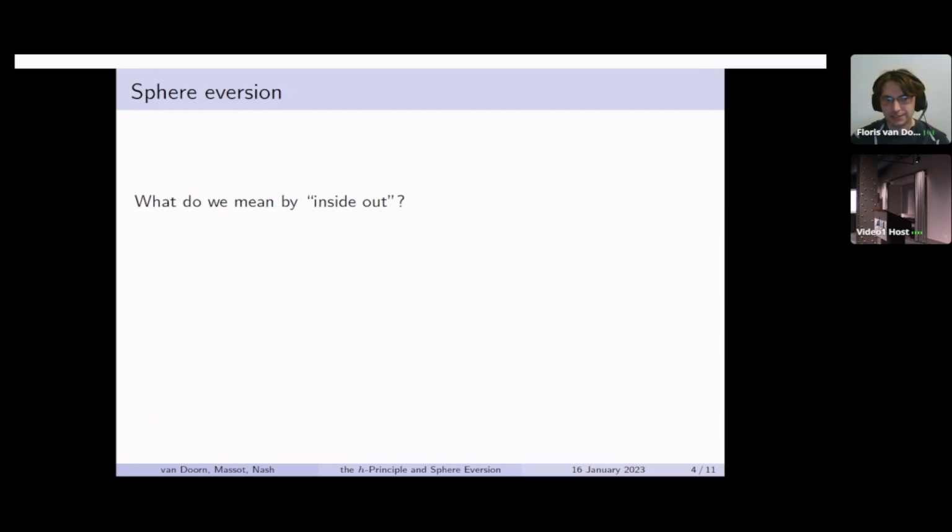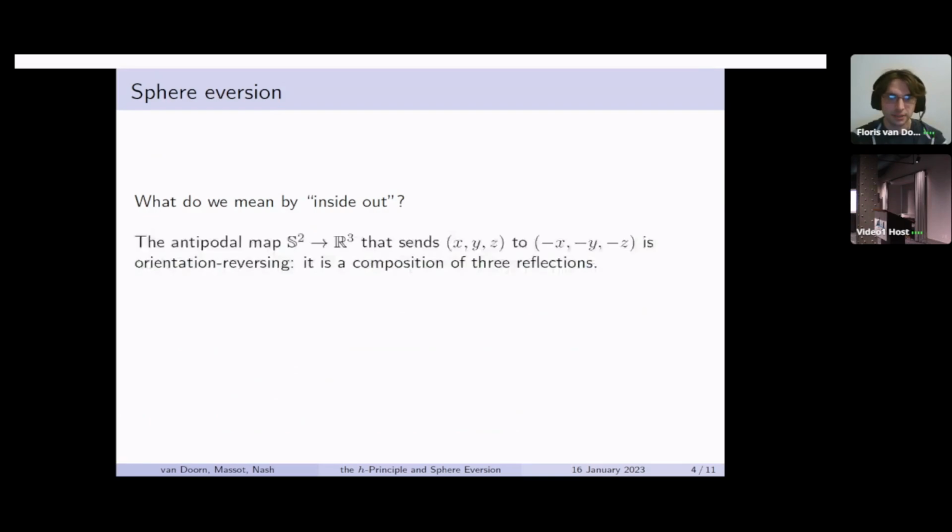And mathematically, the sphere is just an infinitely thin set of points, so there's not a mathematically precise way of saying it. We cannot color the inside or the outside. But what we can do is we can look at the orientation of the sphere. So if we consider the antipodal map, that is the map from the sphere into the real space that sends the points x, y, and z to minus x, minus y, minus z in the space.